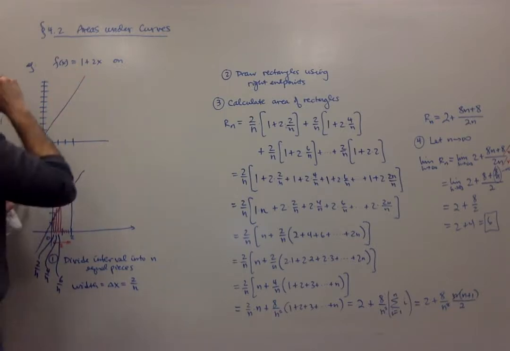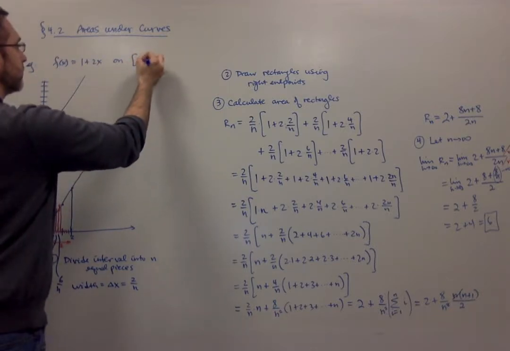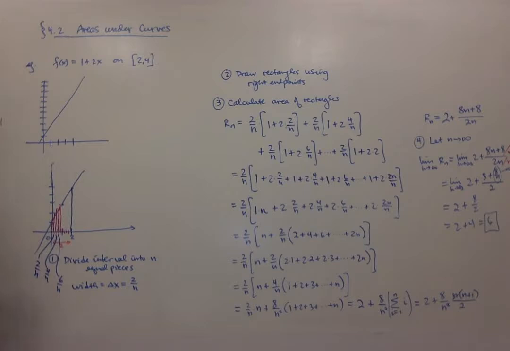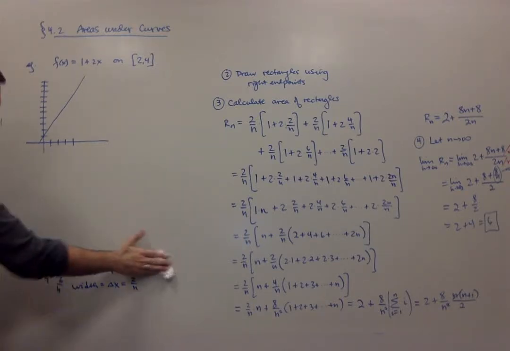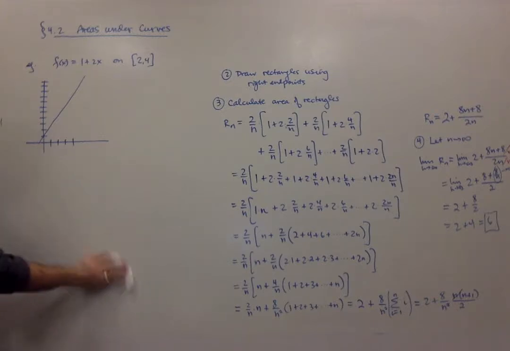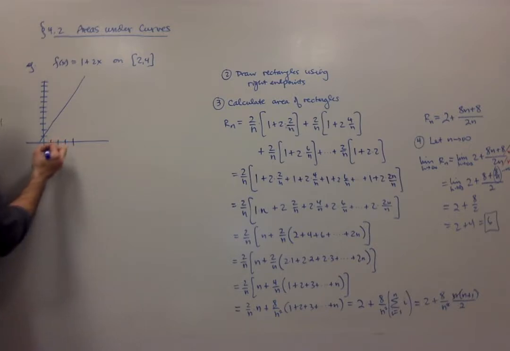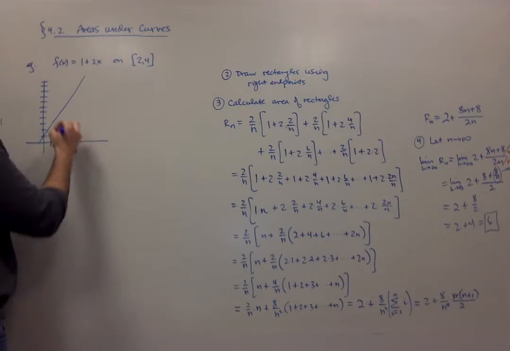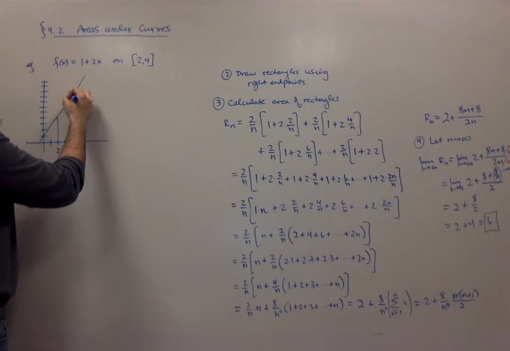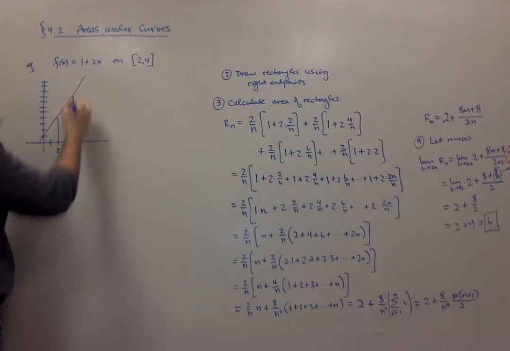So instead of going from 0 to 2, I want to go from 2 to 4, and I want to show you how this is going to be a little bit different. So we're going to go from 2 to 4. And we could do some initial approximations.